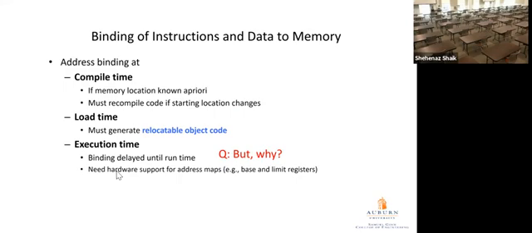Thereby we have that kind of freedom or independence to place or to change the location of a particular element at any point in time during the runtime, during the execution of a particular process. So that is the advantage that we have with binding at execution time.